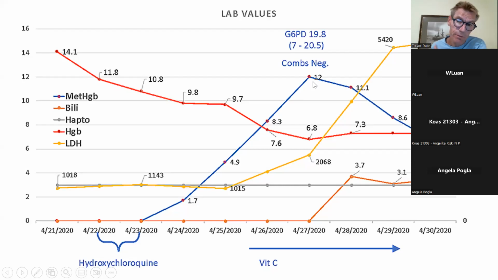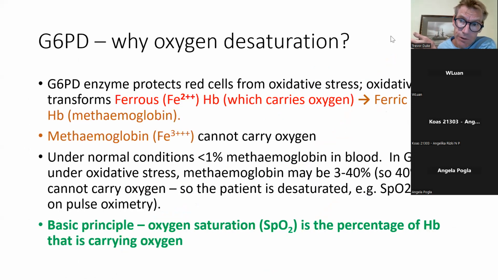Sometimes you can measure the methemoglobin in a blood gas. That's probably the only way of measuring it, apart from inferring it by the fact that the child had oxygen desaturation.